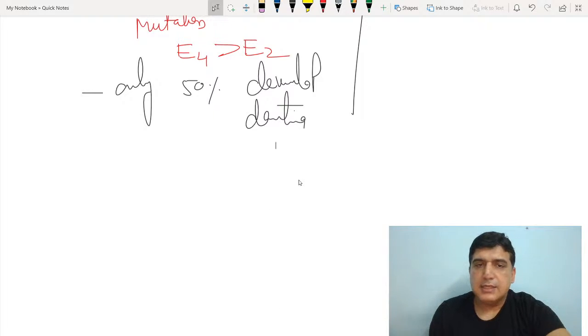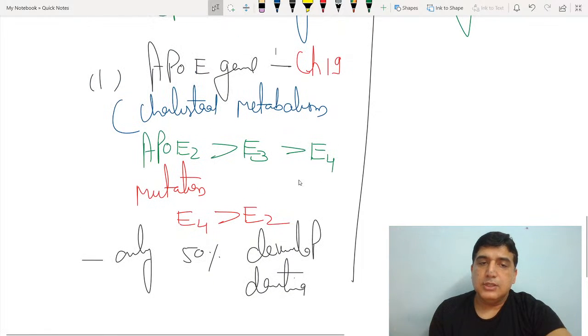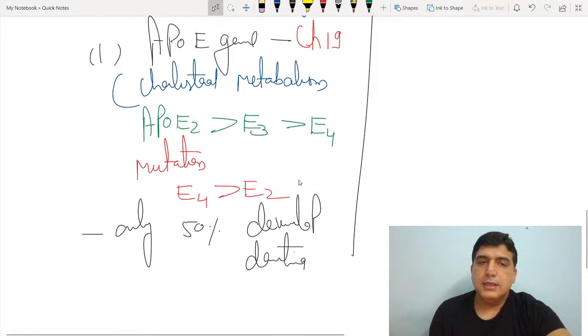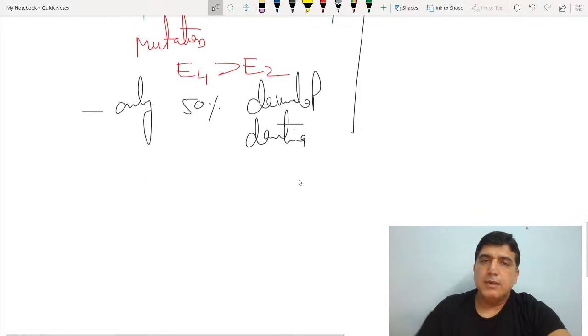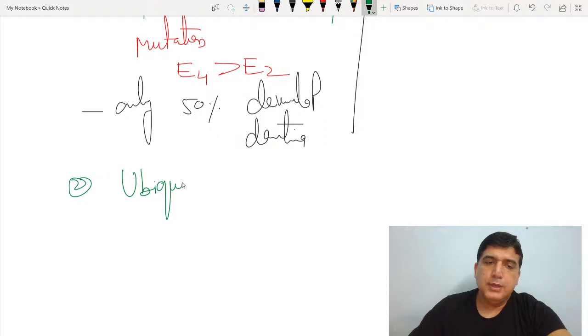If that is the case, then what other gene is involved in late onset familial dementia? The other involvement is ubiquitin, on chromosome 9.